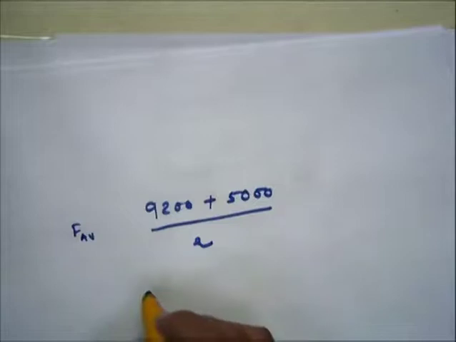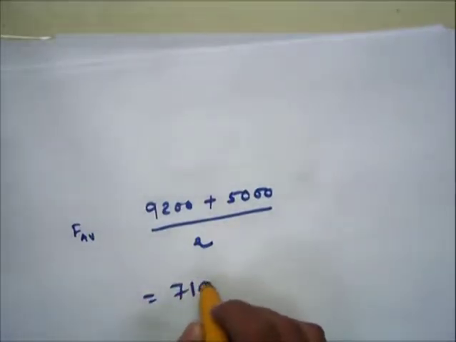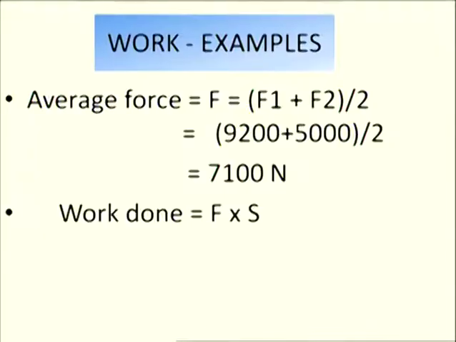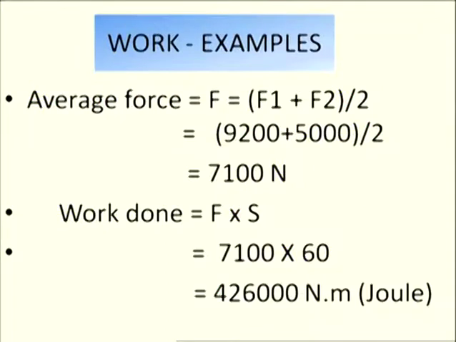So that is 7100 Newton. So again, work done is equal to average force multiplied by displacement, and that is 7100 multiplied by 60. So 426,000 Newton meter, and that is 426,000 joule.